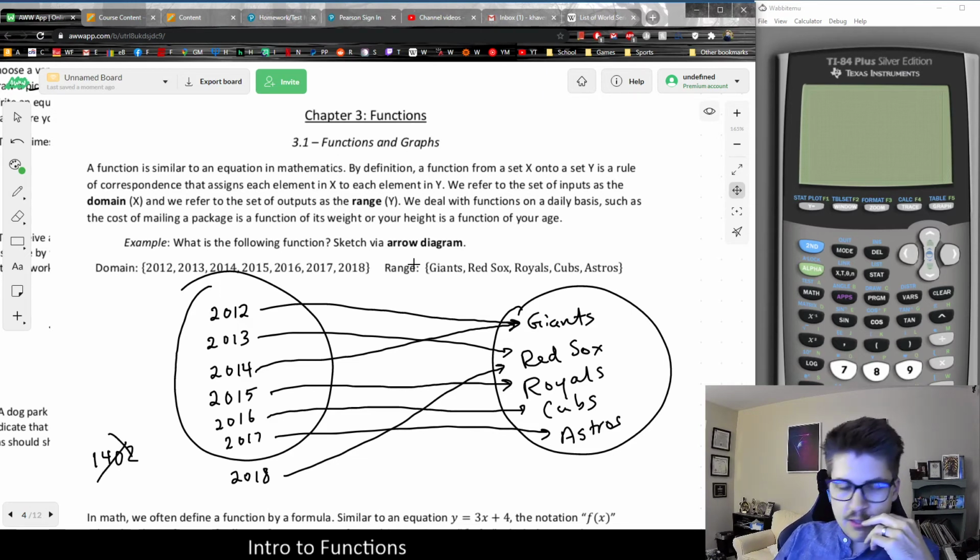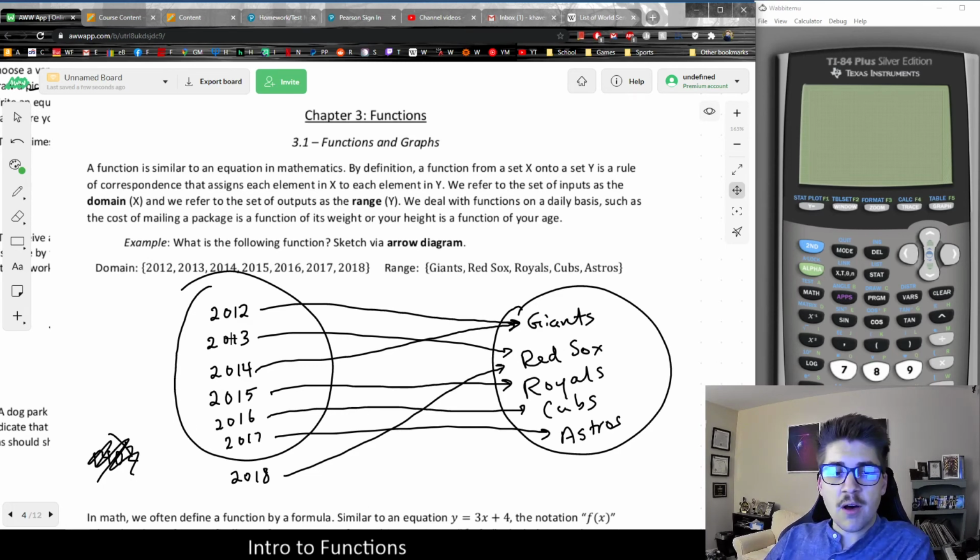Because in 1402, baseball didn't exist, as far as I know, and so we don't have a World Series champion, right? If we were to throw that into our function machine, a machine that calculated and ran through and found the answer, we wouldn't have a way of doing that because it just is invalid. And so we'd say that is not part of the domain.